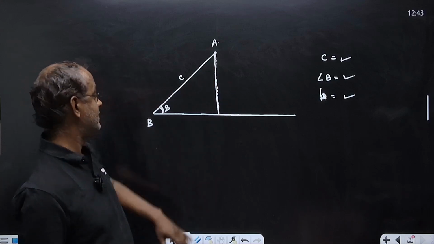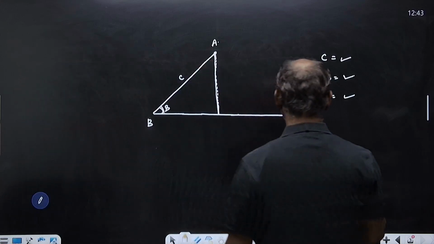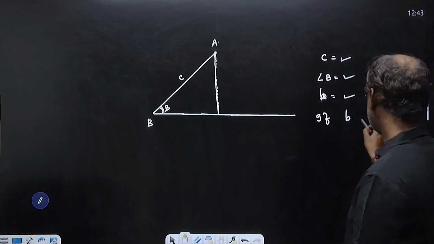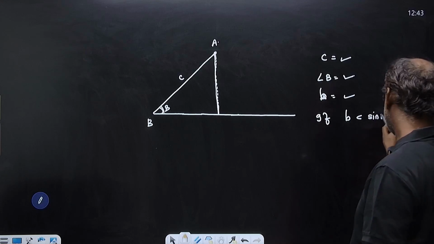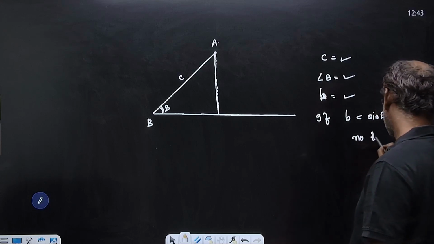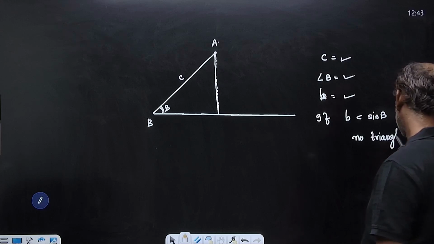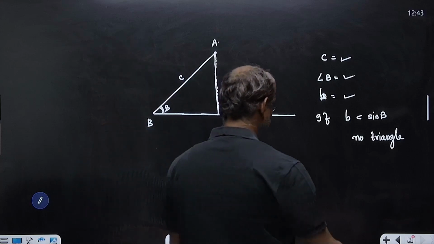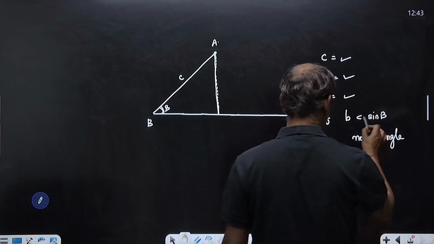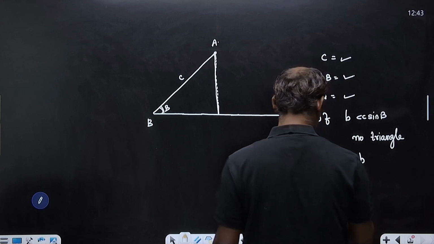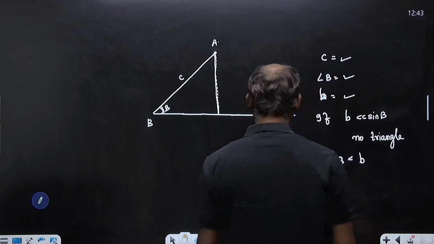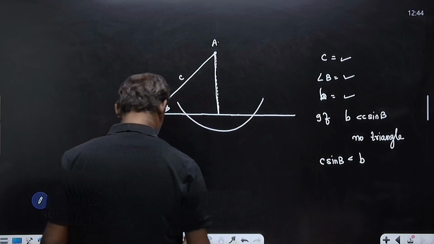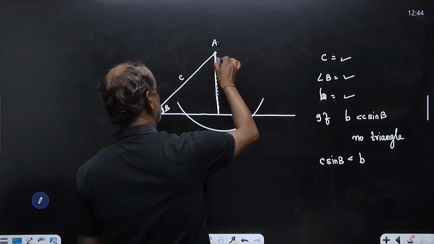If side b is less than c sin B, no such triangle is formed. If b is greater than c sin B, suppose you draw a circle, it is intersecting this at two points. Then you can very easily see there are two such triangles.